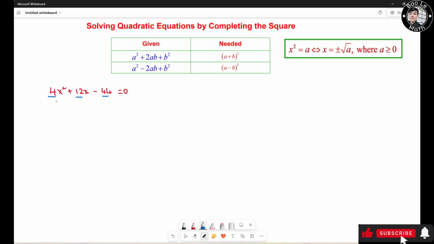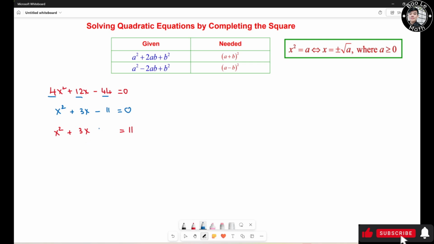So I'm going to divide both sides by 4. So this turns out to be s squared plus 3s minus 11 equals 0. Now I need to add 11 to both sides. So s squared plus 3s equals 11.